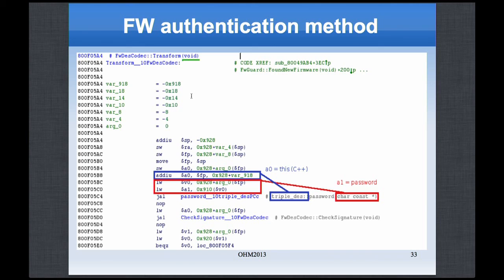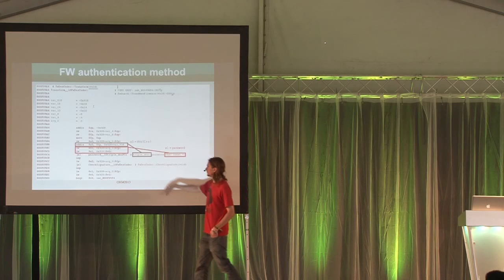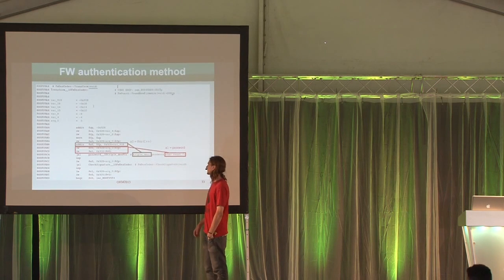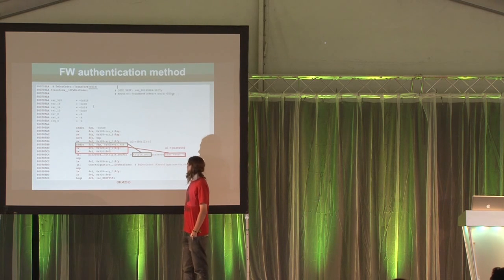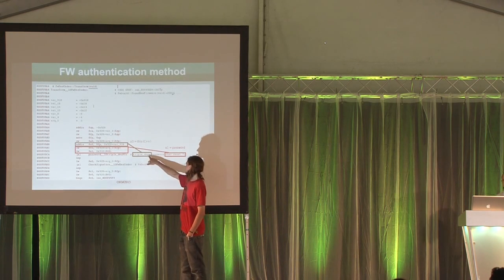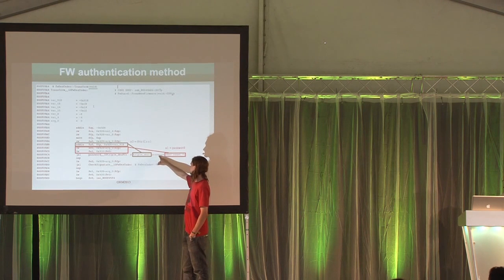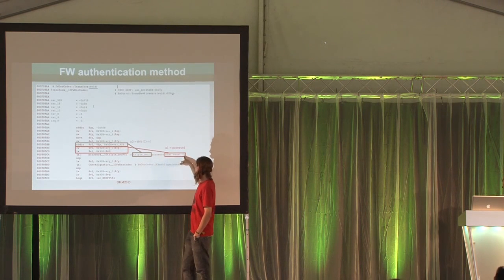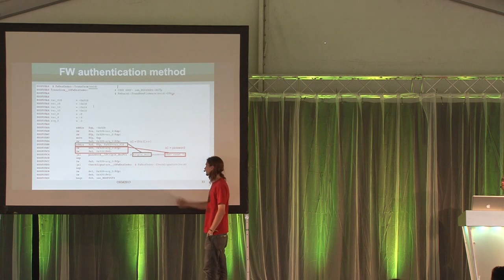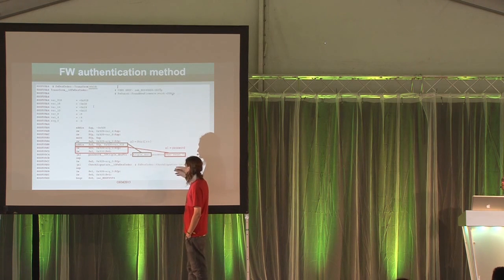So we directly go to transform, and it's really easy now that we have all the symbols, because otherwise reading the MIPS assembly is not, I don't know, easy. So we are interested in this function, which is its password, and it takes a const star in as an argument, which is probably the key.